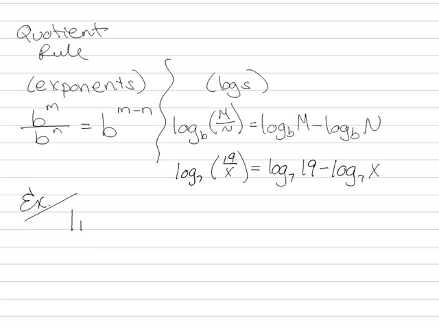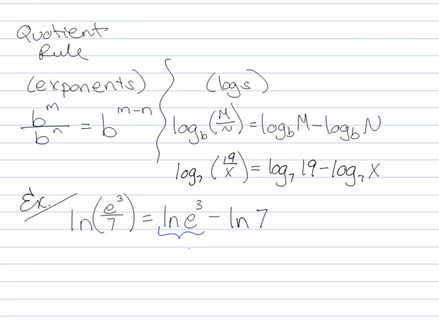So say we had that, remember what that was? Natural log of e cubed over 7. So we could rewrite this as natural log of e cubed minus natural log of 7. Now we can simplify this, right?